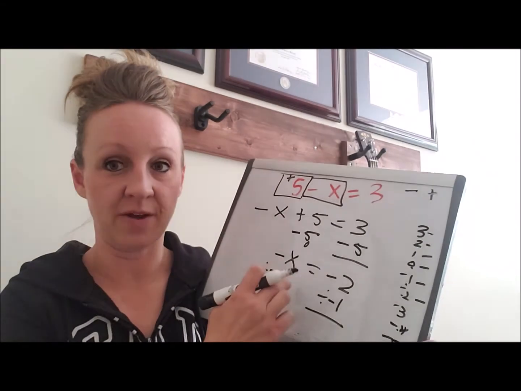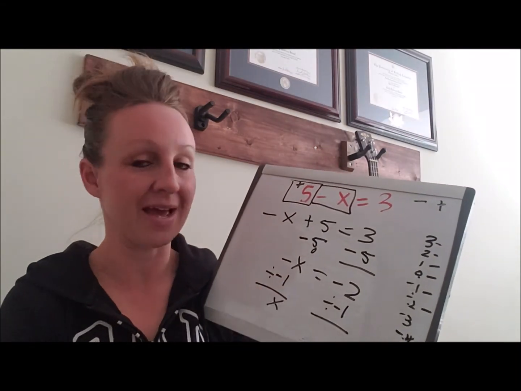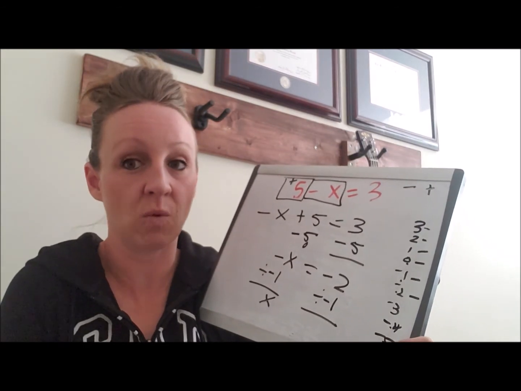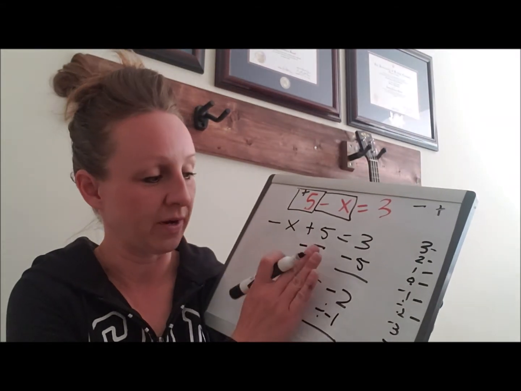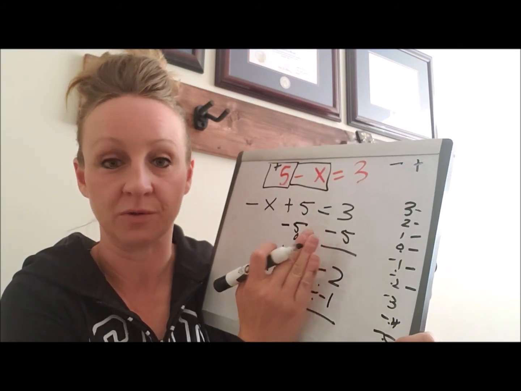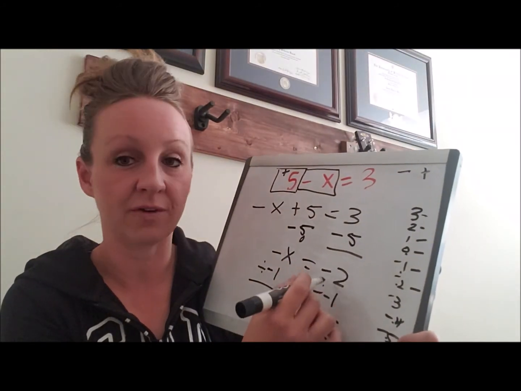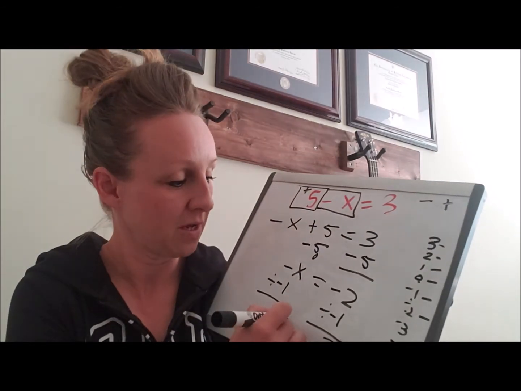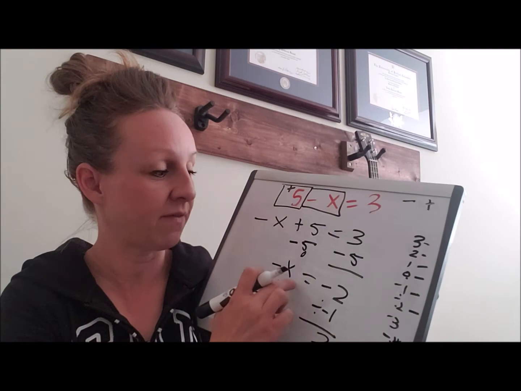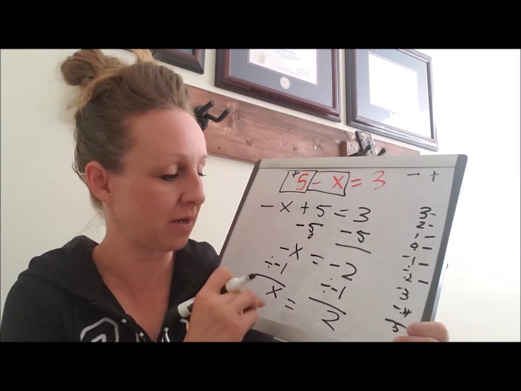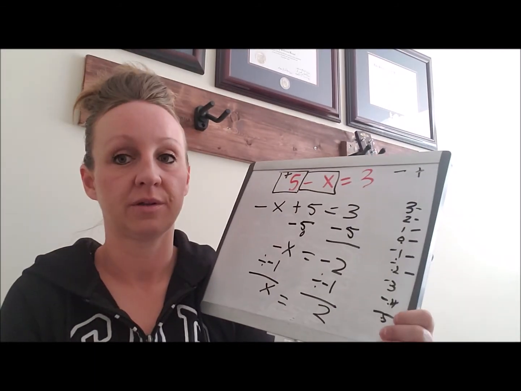So negative x divided by negative 1 is just going to be x. It's itself, right? Because anything divided by 1 is itself. And 2 divided by 1 is 2. I get rid of the negative signs, and there we are, right? Negative divided by negative is a positive. Because I've done math, I've proven that now x equals 2.